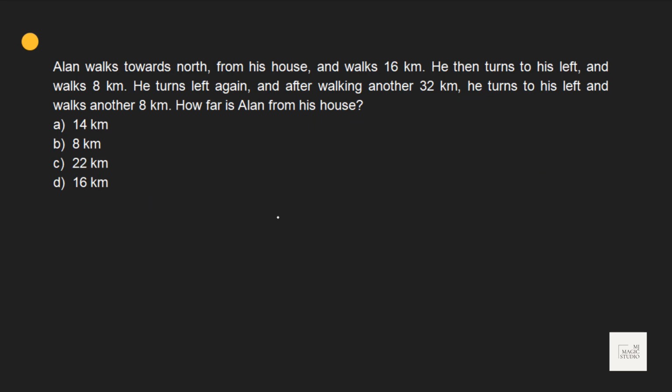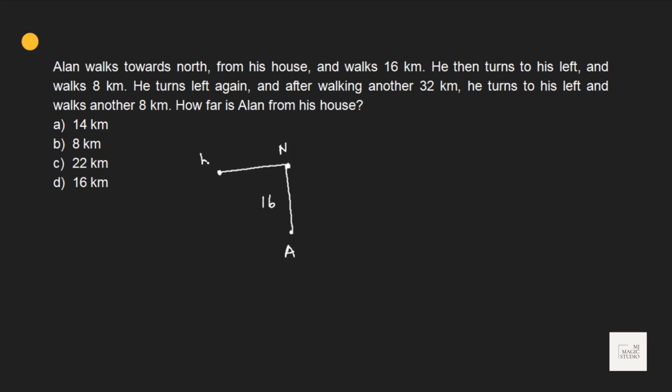Let me resume. Okay, Ellen, this time let's see where you are. Ellen walks towards north. Ellen is here, north from his house, and walks 16 kilometers. Ellen north 16. He then turns to his left. Left means towards west, and walks 8 kilometers.